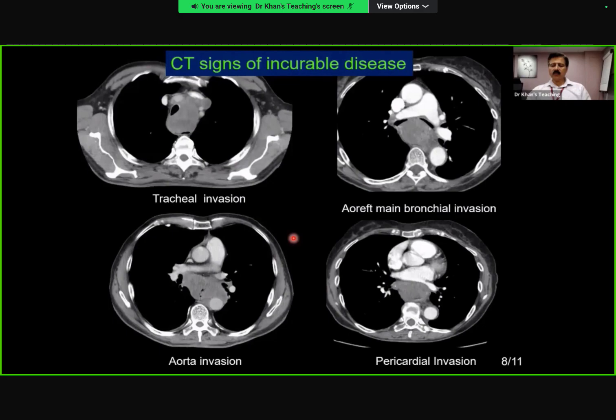As we considered previously, EUS is the top modality to pick up T staging, but there are some CT criteria to convert it into a T4B tumor. And this T4B on CT criteria becomes inoperable.